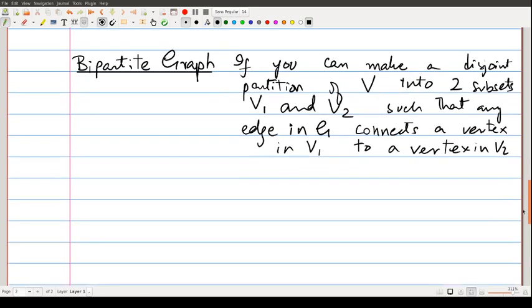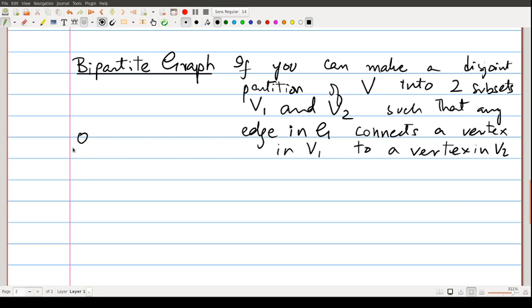For example, let's say you have some edges and you can separate them something like this.